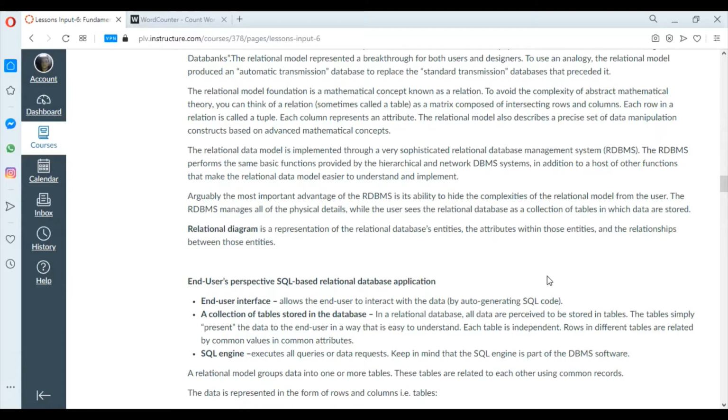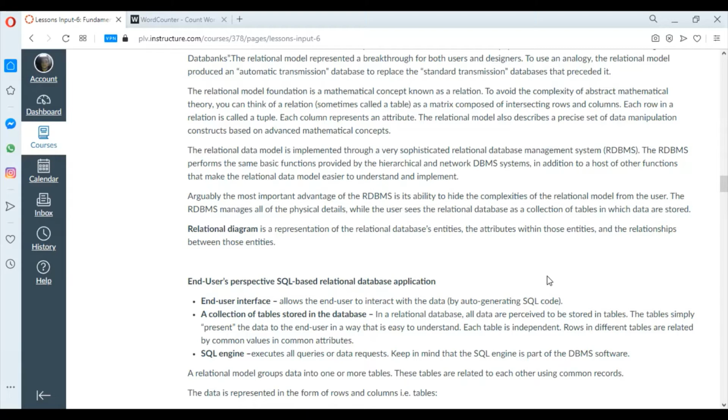From the end user's perspective, SQL-based relational database applications are the following. We have an end user interface, allowing the end user to interact with the data by auto-generating SQL code. We have a collection of tables stored in the database. All data are perceived to be stored in tables.